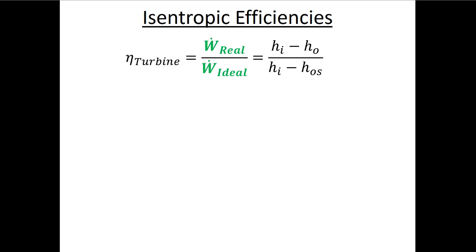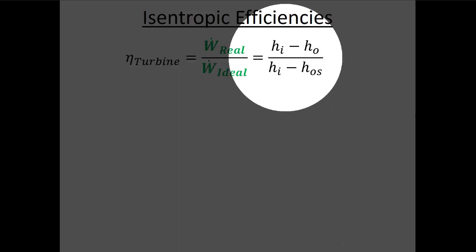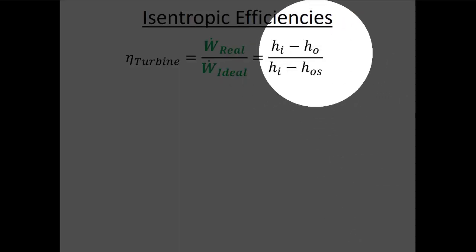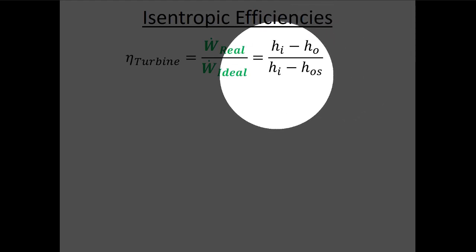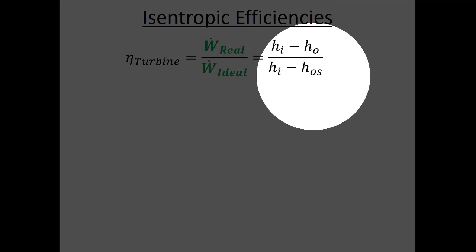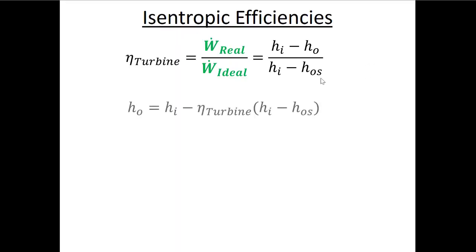So here, my equation for the isentropic efficiency is going to be h in to my real turbine minus h out of my real turbine, divided by h in to my real turbine minus h out of the isentropic or ideal turbine.